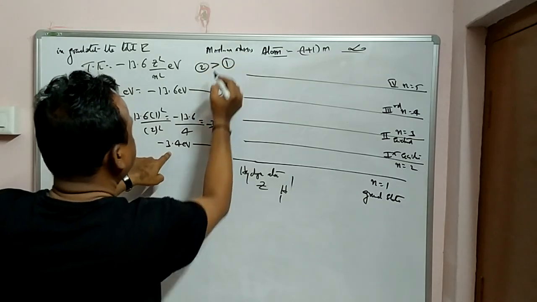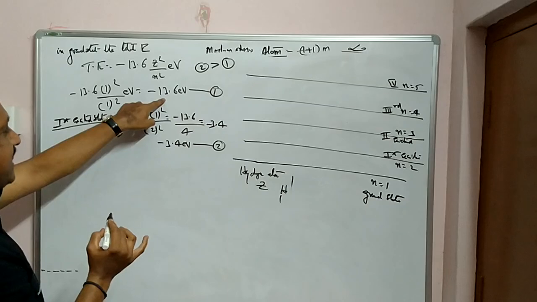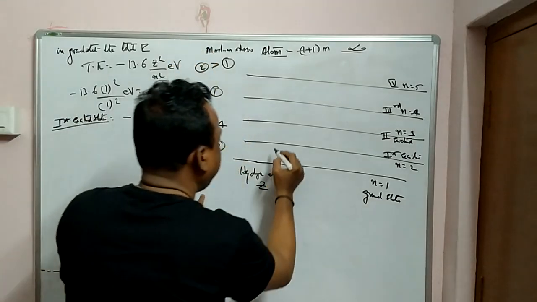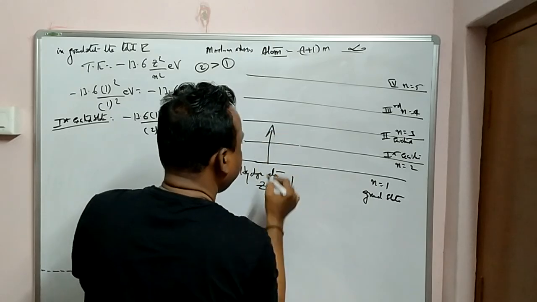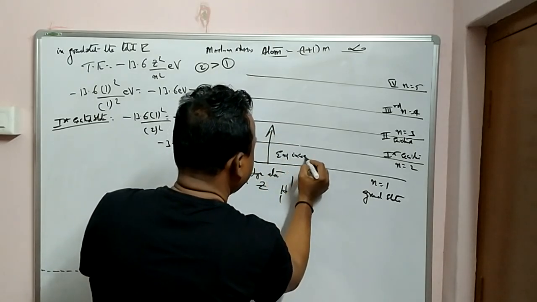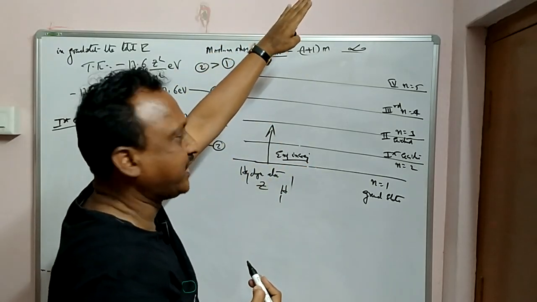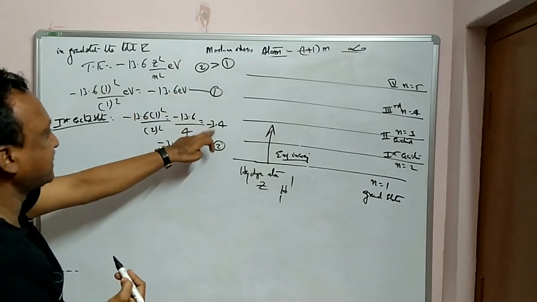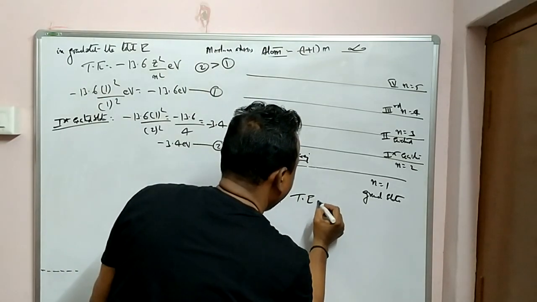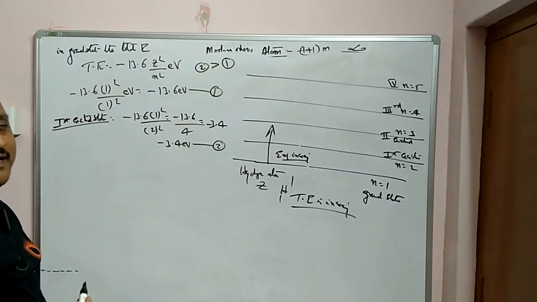Look here, this is minus 13, this is minus 3. It is approaching 0. So that means as you go higher, the energy is increasing. As you go from ground state to higher states up to infinity, the total energy is increasing. You can see this very, very important point.